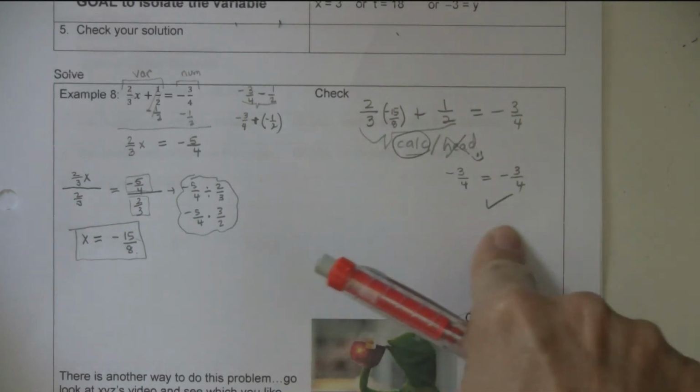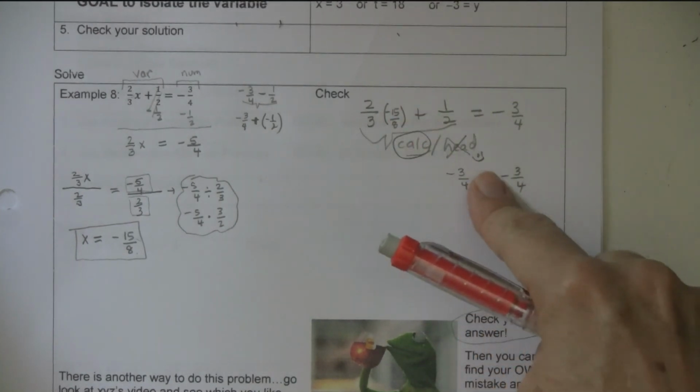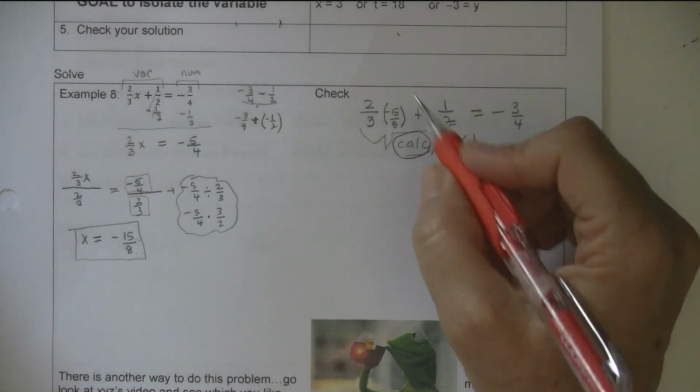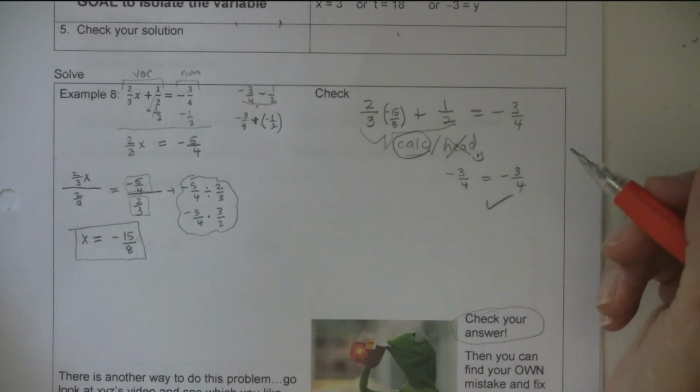And people always ask me, they'll come up during their test and they'll say, do I have to write anything here in the check? I can check it in my head. Or whatever have you. I usually don't make people write anything if you can check it in your head, but I'll tell you, I think to most people that means I'm not going to check it.